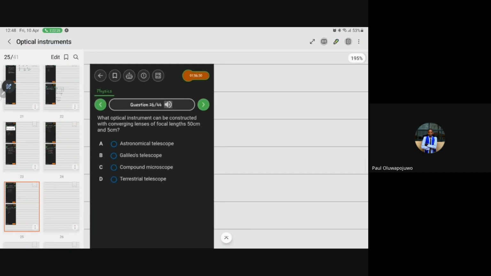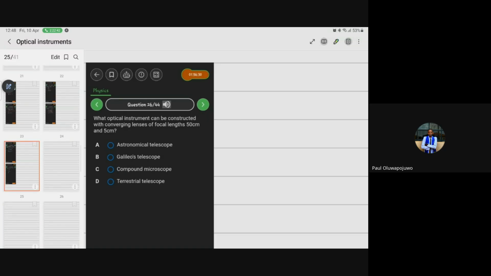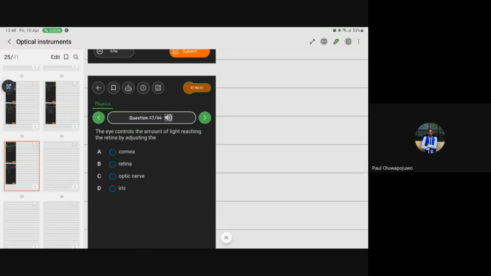Which optical instrument can be constructed with convergent lenses of focal length 50 and 5 cm? Two convergent lenses, where one focal length is big and the other one is small. Which instrument can be formed using this? Now the next one says the eye controls the amount of light reaching the retina by adjusting the what? Adjusting the iris.